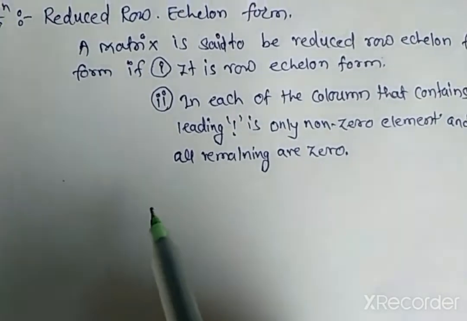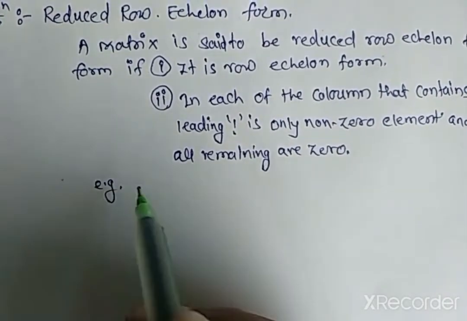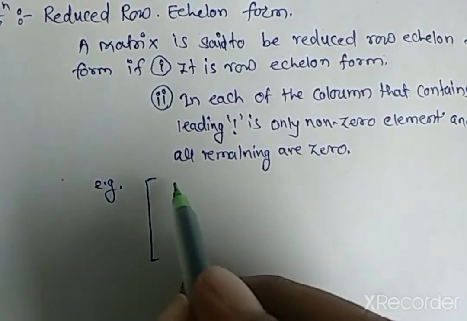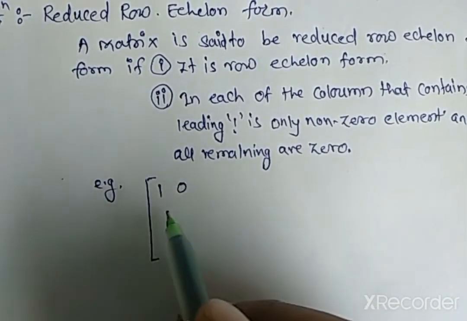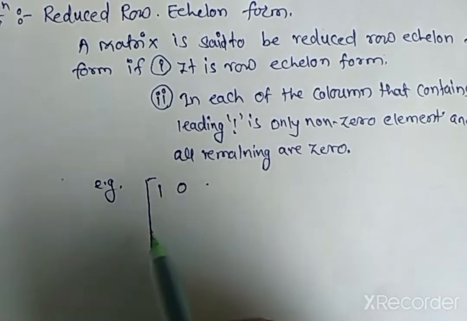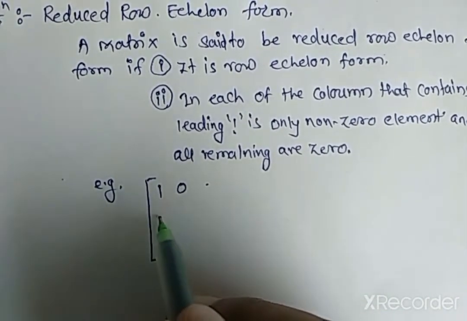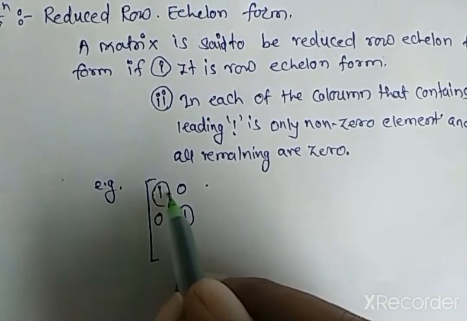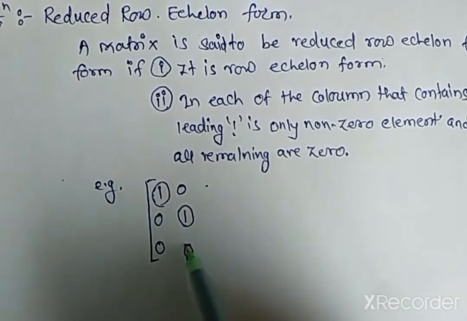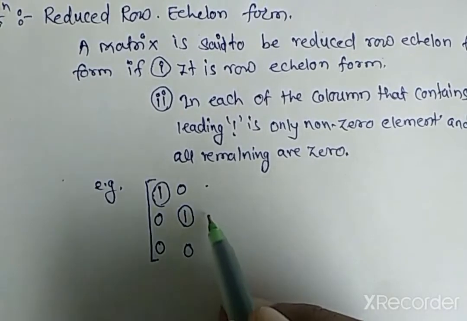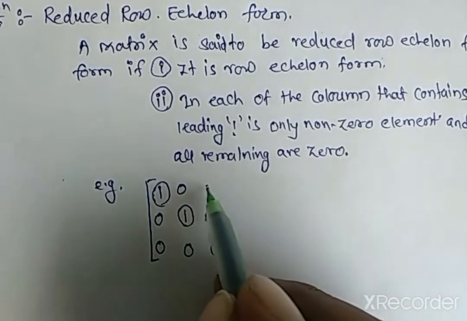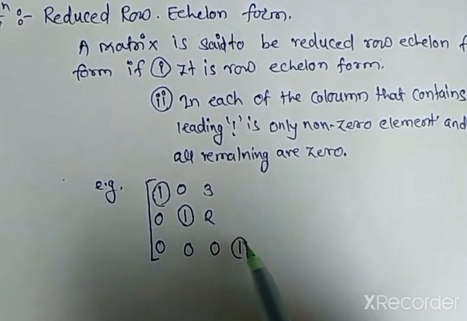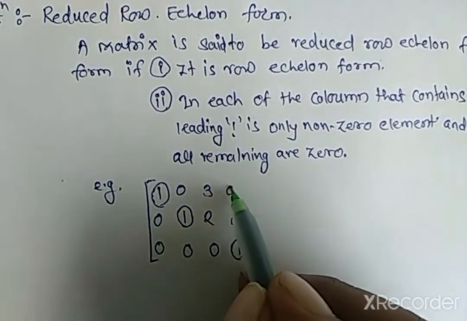For example, related to reduced row echelon form, we can take 1 0, then 0 1, it is a leading 1, it is a leading 1, so the last row will be 0 0 0, then 2 3, and if the last column has a leading 1, all its other elements should be 0.